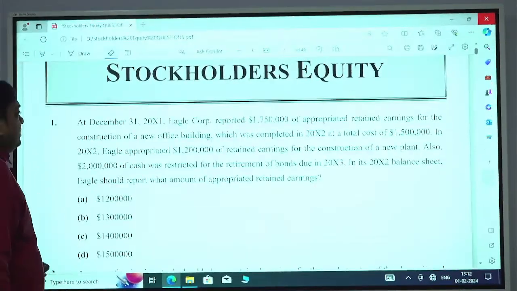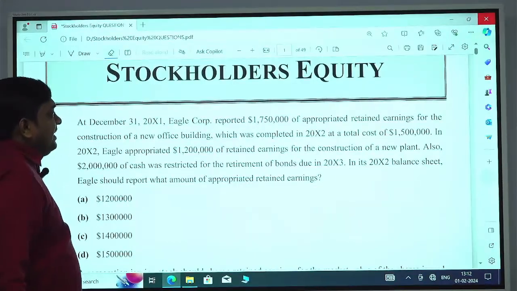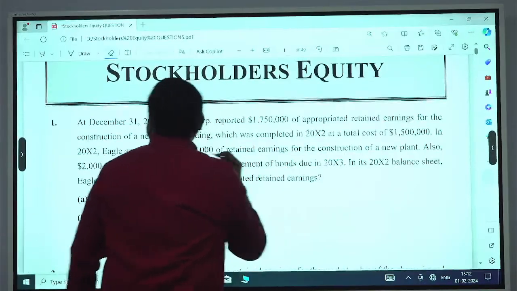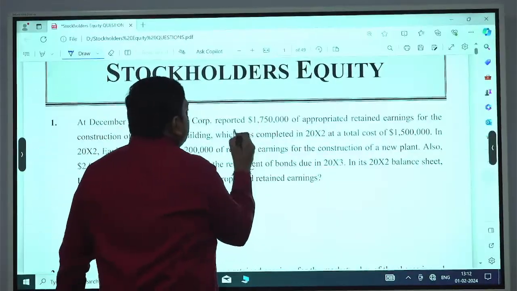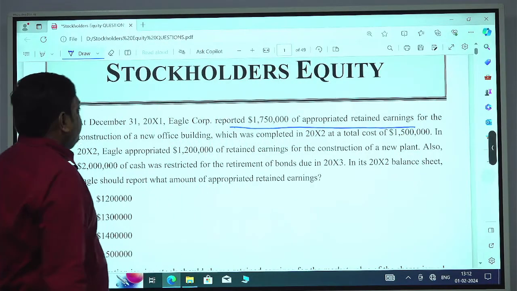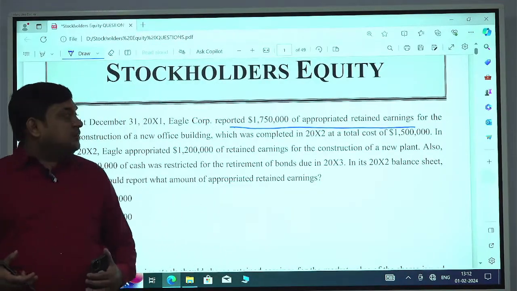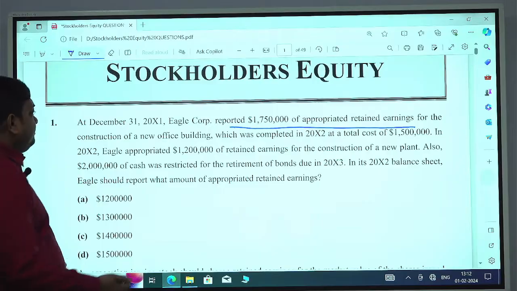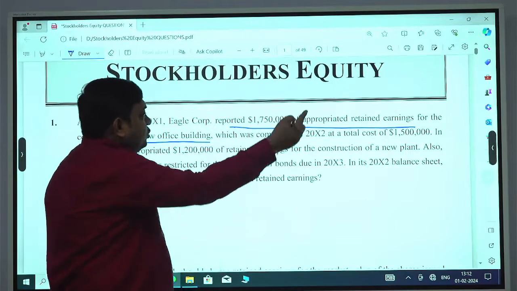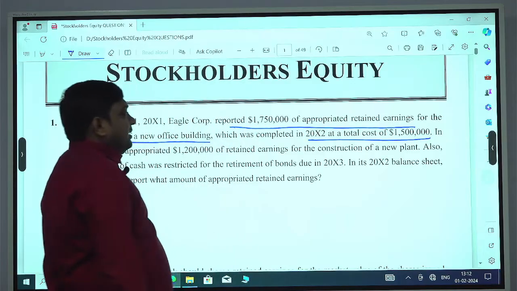On December 31st, 20x1, Eagle Corporation reported 17,50,000 of appropriated retained earnings. This earnings I have appropriated for the construction of a new office building, which was completed in 20x2 at a cost of 15 lakh.